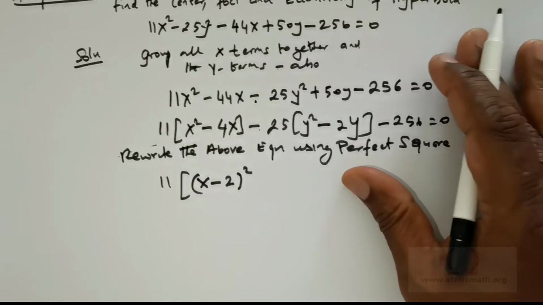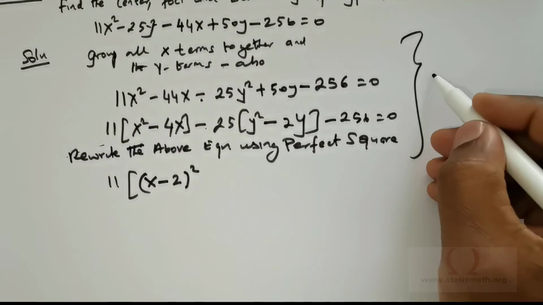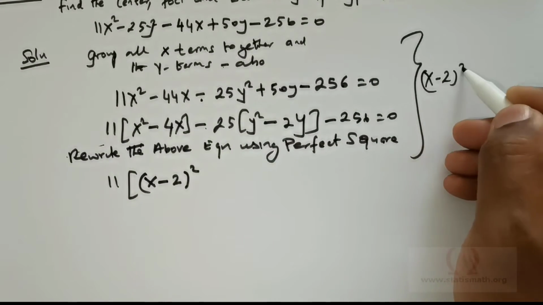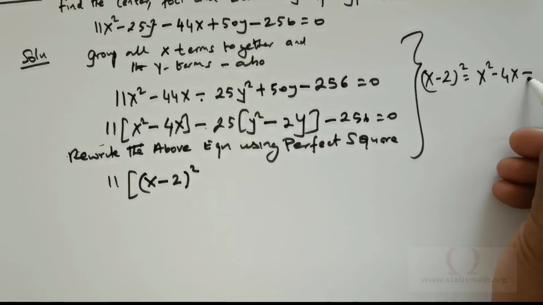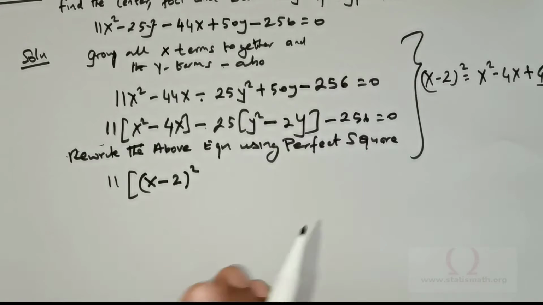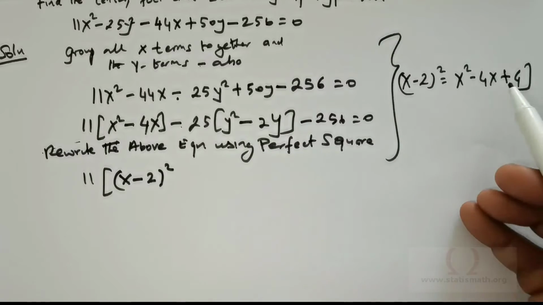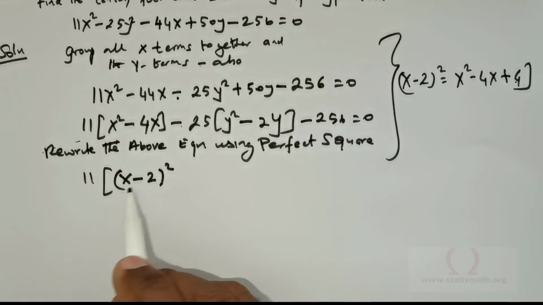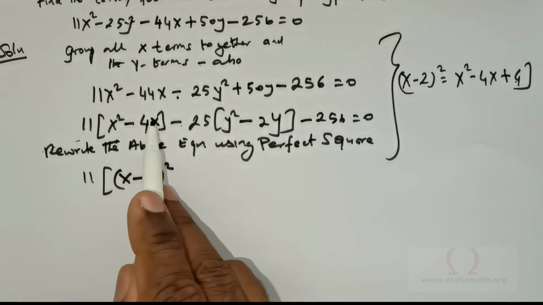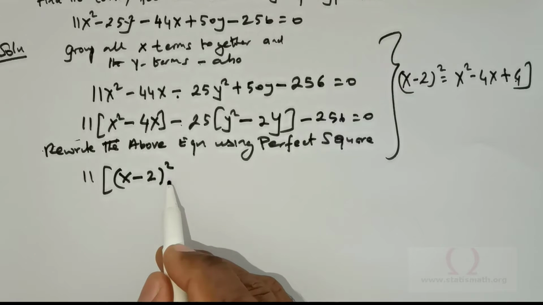Let me show that to you. If I write it as x minus 2 raised to the power 2, this is going to give me x squared negative 4x positive 4. So there is an addition of an extra 4 here. That extra 4 has to be removed because I can get x squared and negative 4x, but that 4 has to be removed.